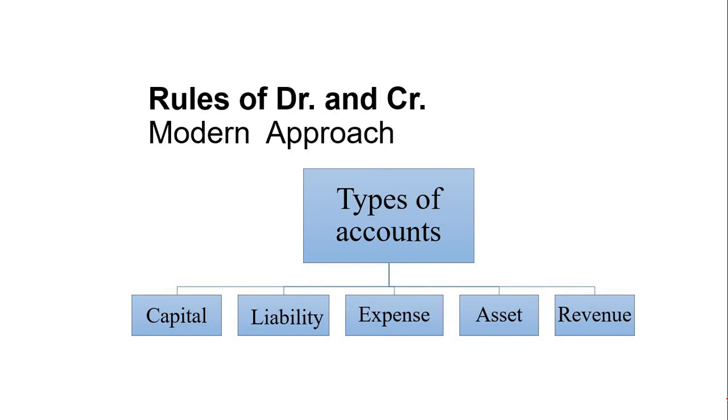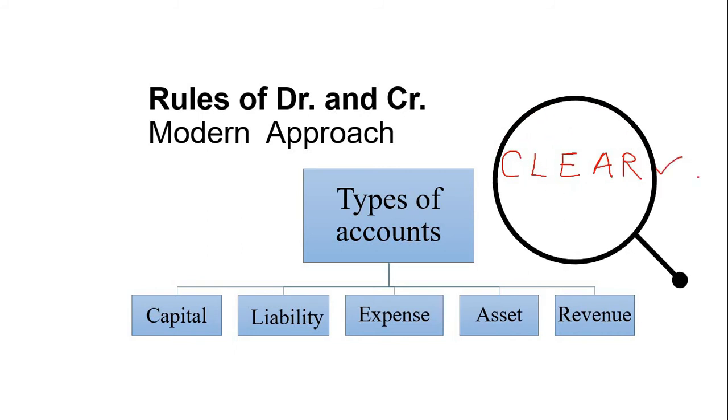So according to modern approach, you know that we have five types of account, and I have also told you that in order to remember them, you can just remember this acronym CLEAR, where C represents capital, L is liability, E is expense, A is asset, and R is revenue. So this is an acronym to remember the type of accounts according to modern approach.